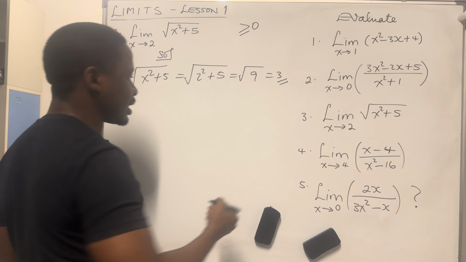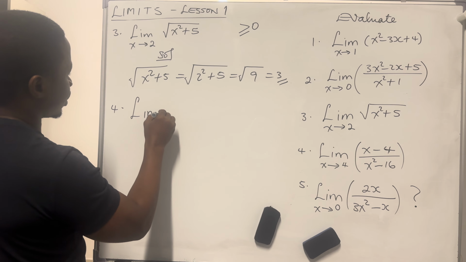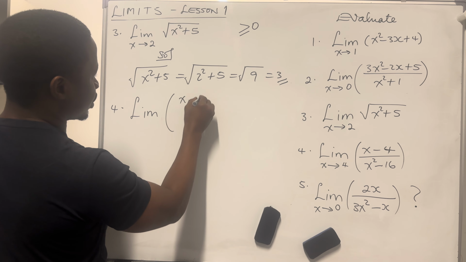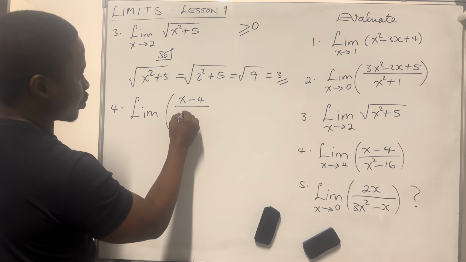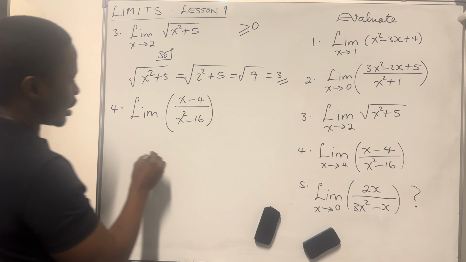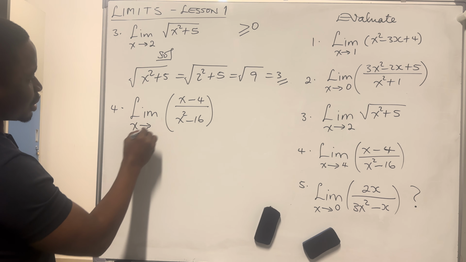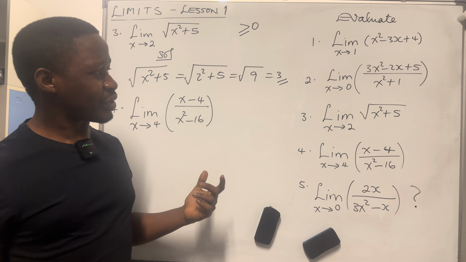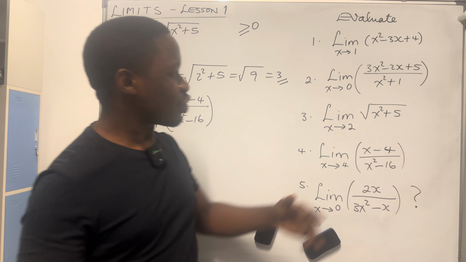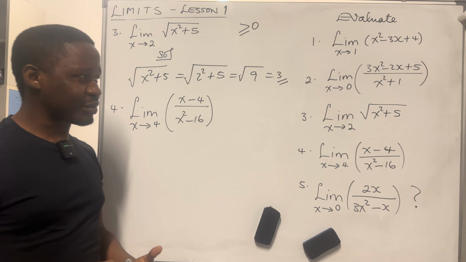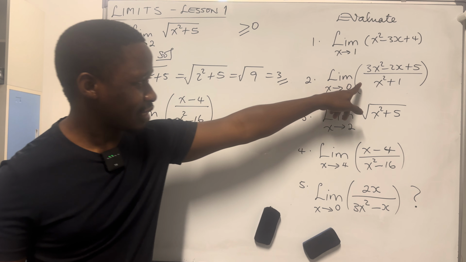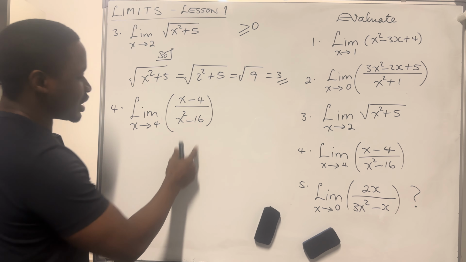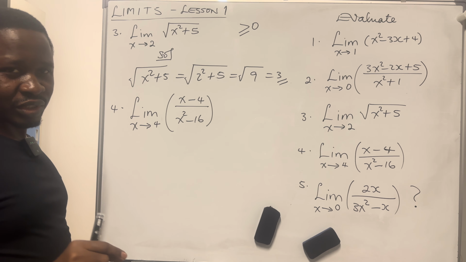The fourth one says find the limit of x minus 4 over x squared minus 16 as x approaches 4. This is a rational function. To find the limit of rational functions, there is a condition. The first thing we do is substitute to see if it gives us 0 or not.